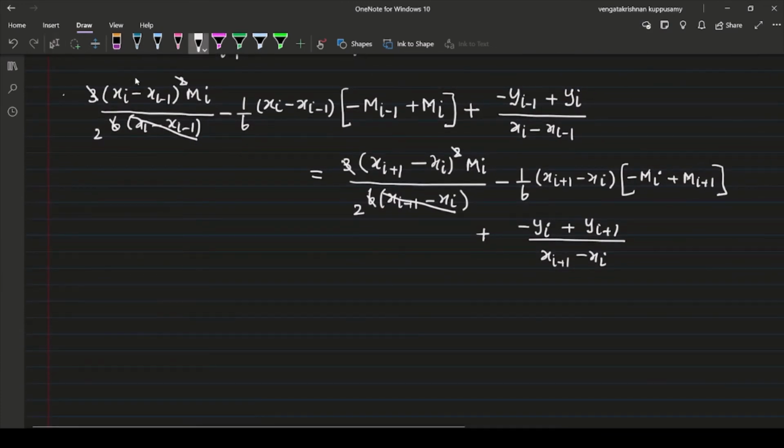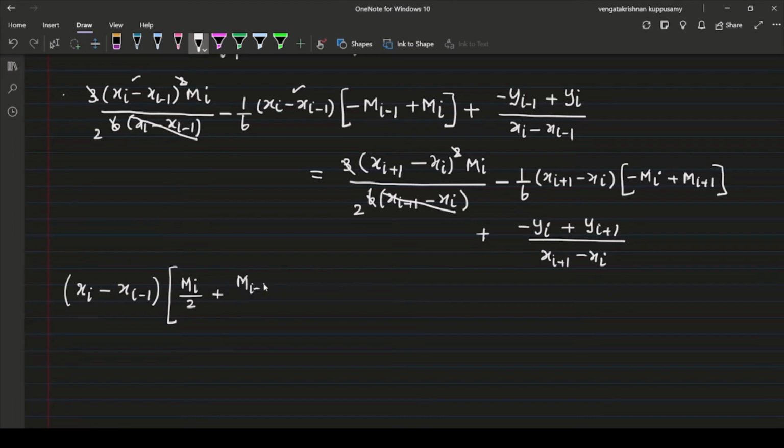Pick x_i minus x_{i-1} in common: (x_i minus x_{i-1}) into (m_i by 2 plus m_{i-1} by 6 minus m_i by 6), and these terms we take to the left hand side.